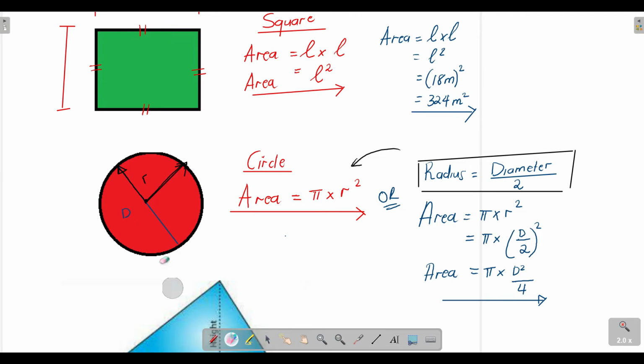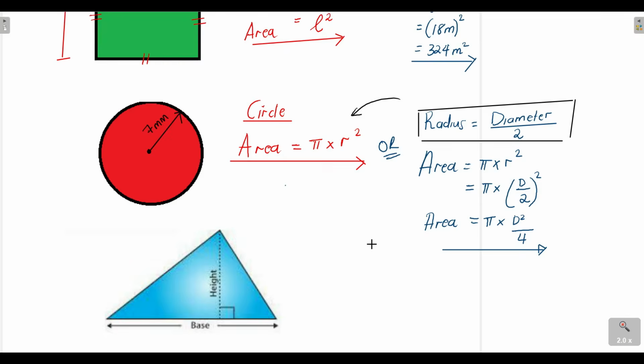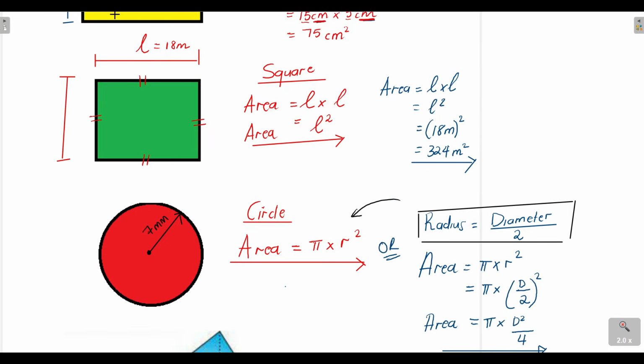So now let's put this into practice. How would we calculate the area of this particular circle? Let's say we're given a circle and this circle has a radius of, let's make it 7 millimeters. How would we then calculate the area of this circle? I'm just going to move this to the side.